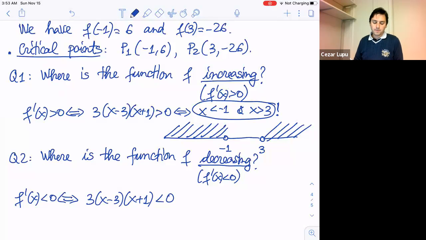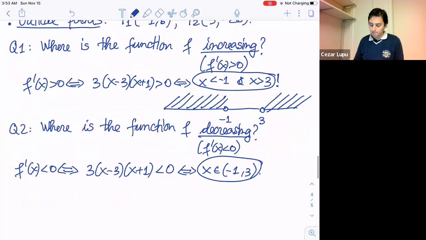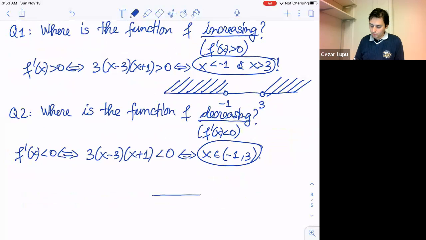And this happens if and only if x is in this interval, -1 and 3, open interval, right? So -1 is less than x and strictly less than 3. So when we draw this here, this is -1 and 3, right?